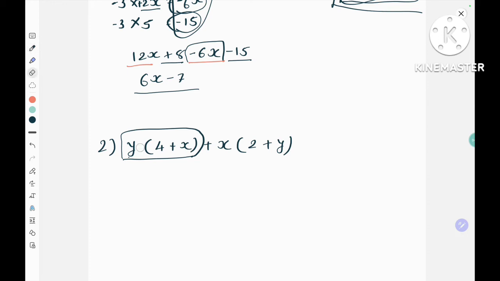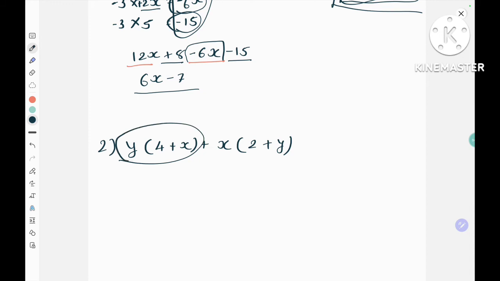See here, between this first bracket and this x there is a plus sign, that's why we are not multiplying. If the plus sign were not here, then we would multiply them. Normally it is not given like that.